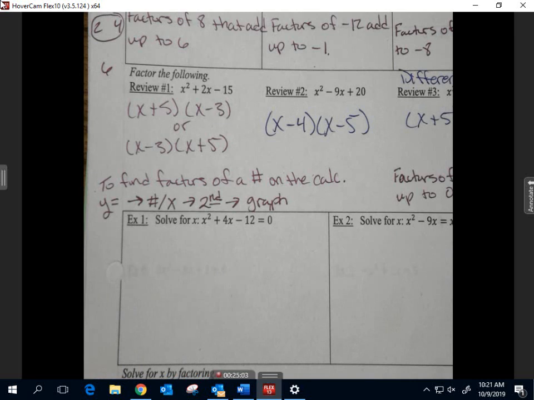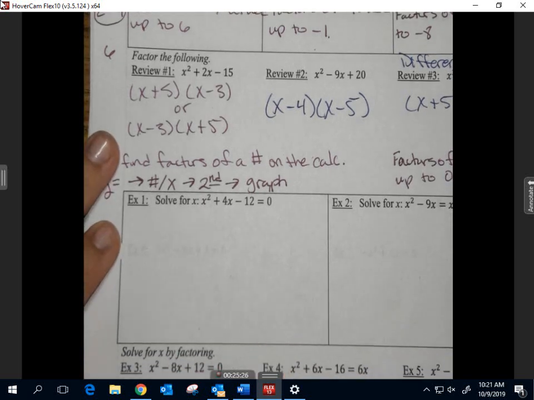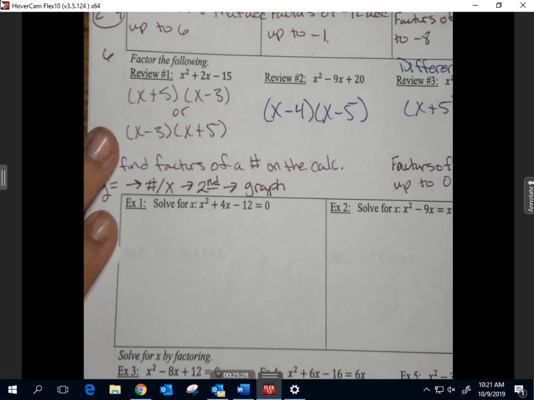We're going to factor to solve these quadratics. We are looking for our x-intercepts, our solutions, zeros of our functions, or the roots of our functions, okay? Those words we've used many times over and over in this class so far. I'm going to write down first the steps to take to solve, okay?